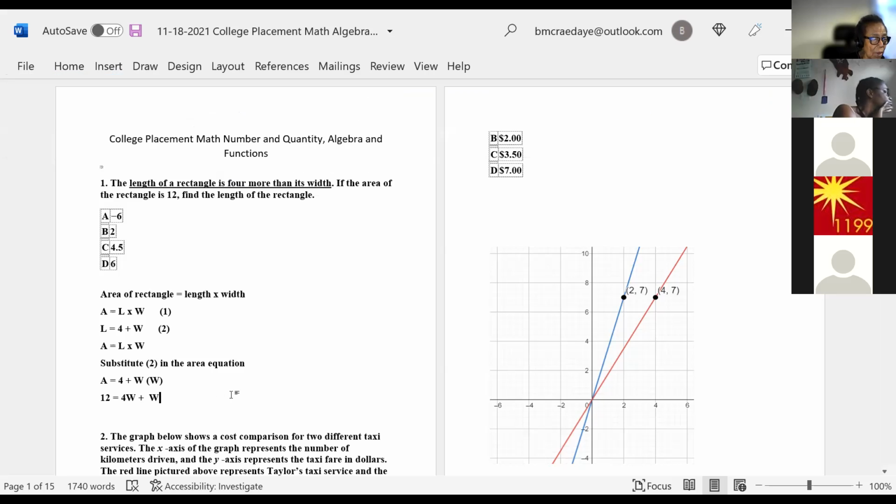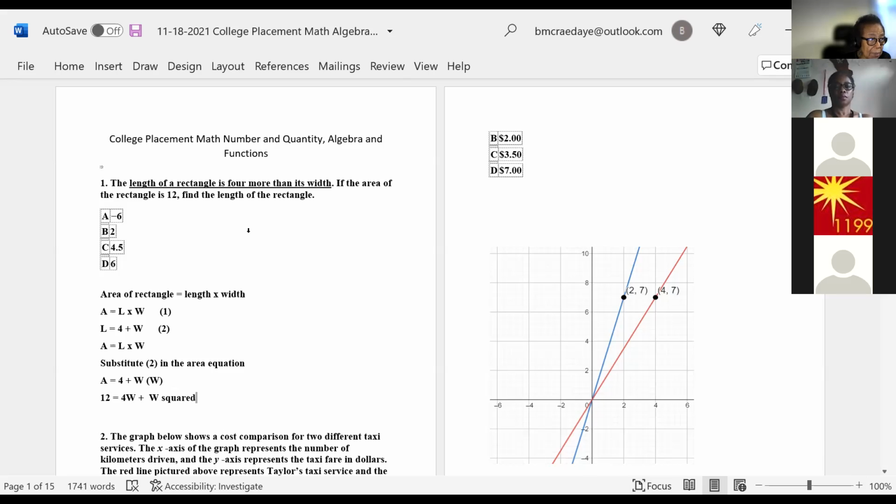Okay, so I'm going to put W squared. That would be W squared, right? So 12 equals 4W plus W squared.